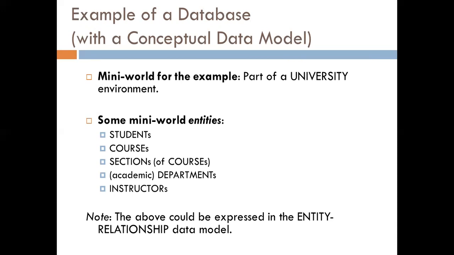Even if nobody is taking that particular course or subject, it is still present in the mini world. It is not related to any other entities over there. Similarly, sections, departments and instructors each have their own independent existence, so we call them entities.